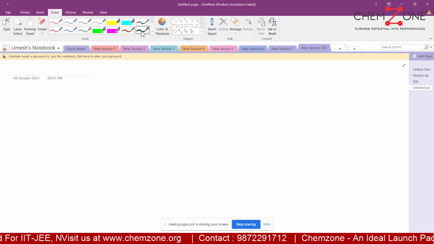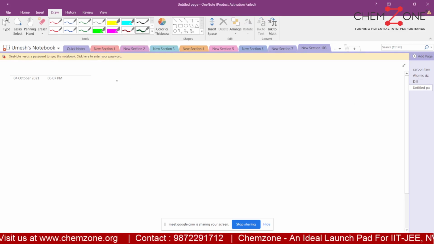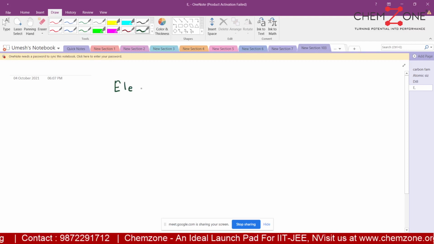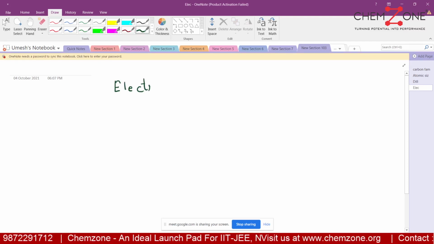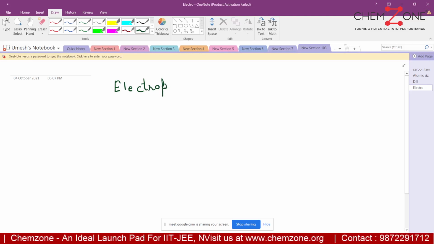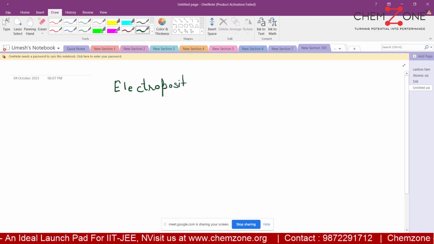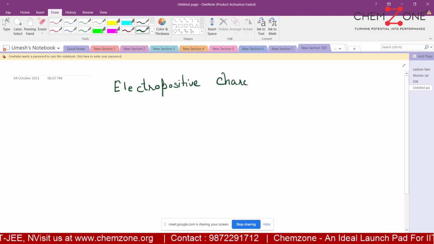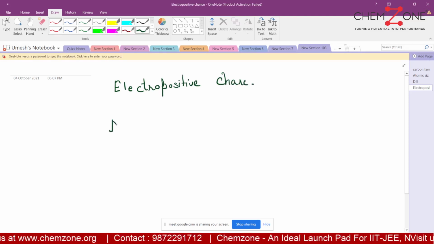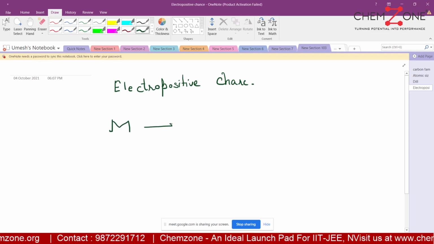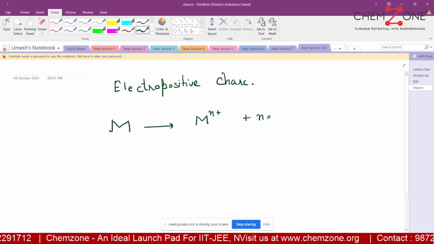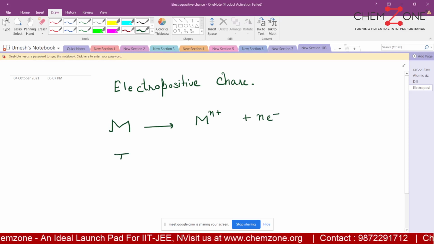Now, next is the electropositive character. Can you tell me what you mean by the word electropositive character? Positive ion character. The tendency of an element to lose electrons is called electropositive character.